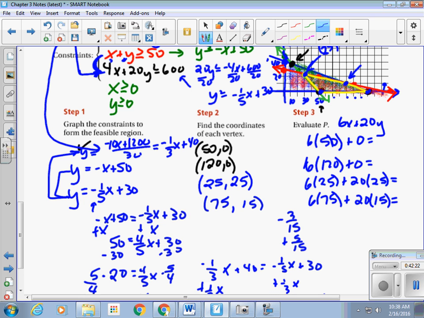Let's go ahead and do those calculations together. 6 times 50 is 300. 6 times 120 is 720. So far, he's the winner. 6 times 25 is 150 plus 20 times 25 is 650. 6 times 75 is 450.